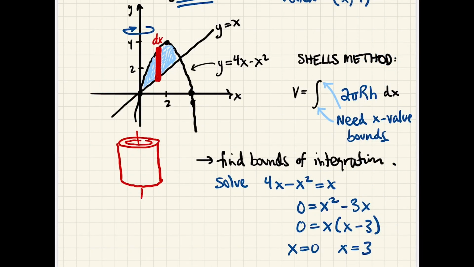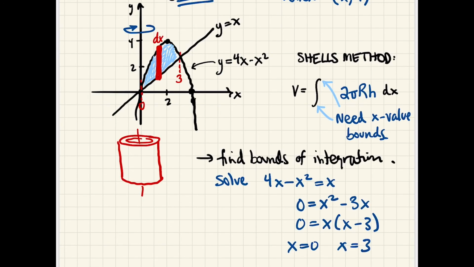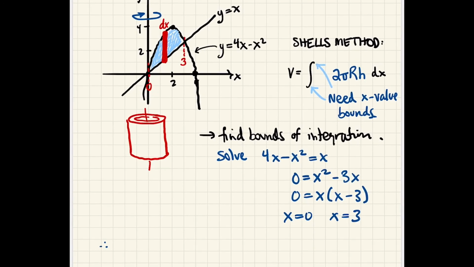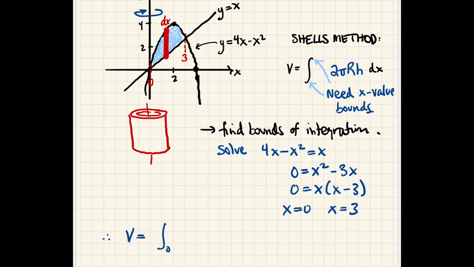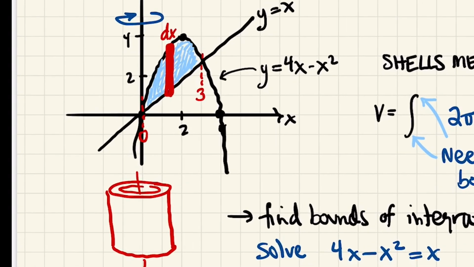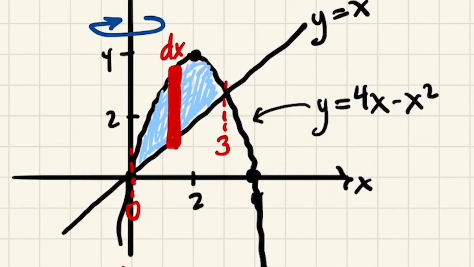So looking at our graph, there's our 3, and of course there's the 0 where they intersect. Okay, so therefore our volume is the integral from 0 to 3 of 2 pi r h dx. So we just need our r and our h. Well, let's look closely at this picture. The axis of rotation is the y-axis.